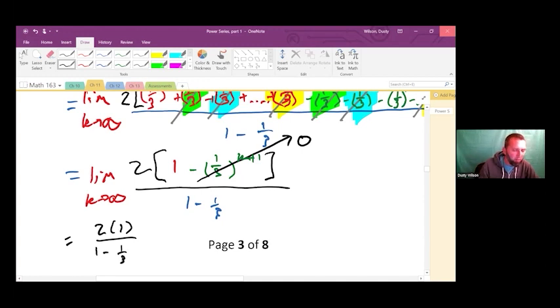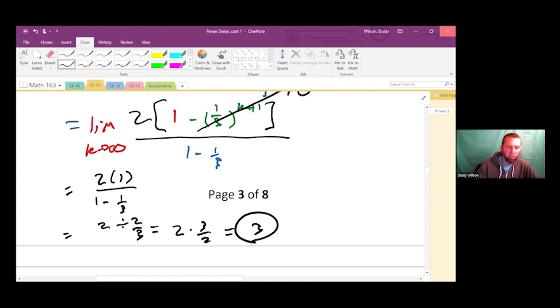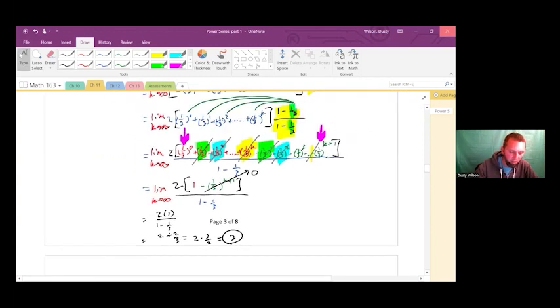So that's 2 divided by 2/3, or 2 times 3/2 if you invert and multiply, or just 3. Huh. Really close to the thing that we'd found earlier.